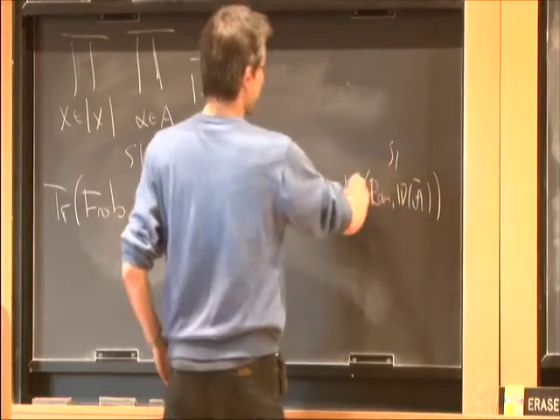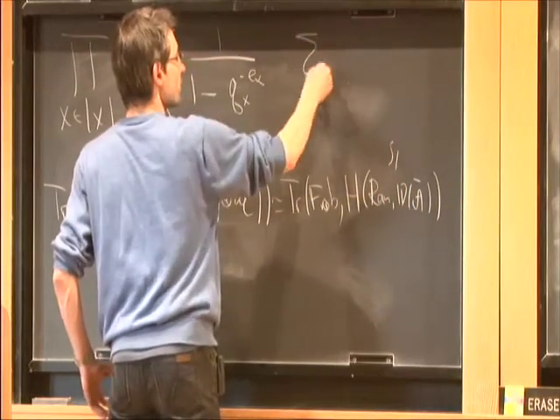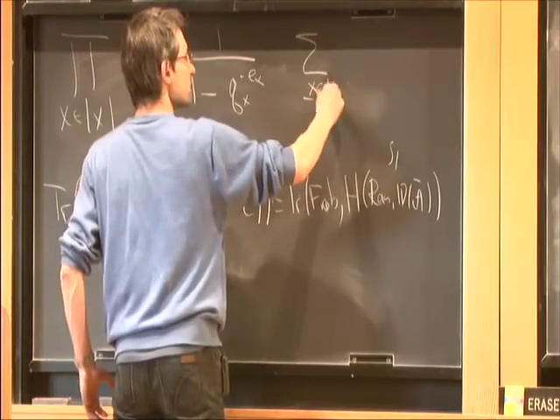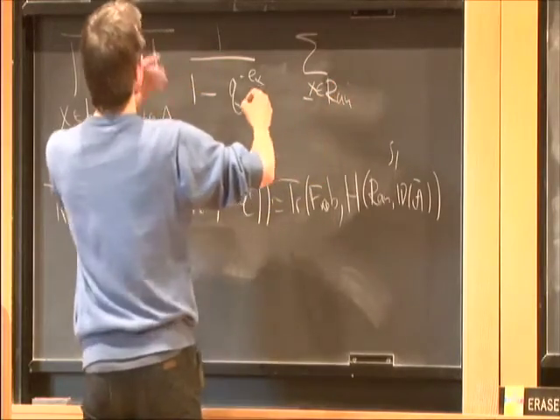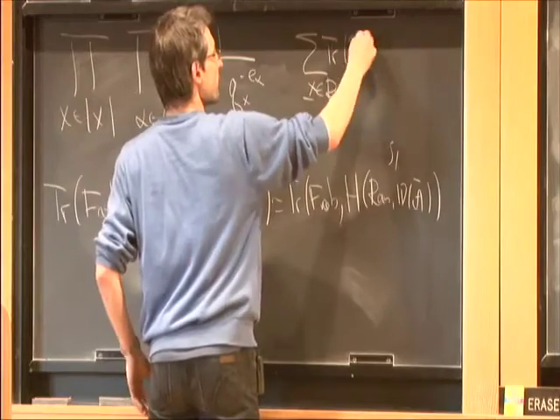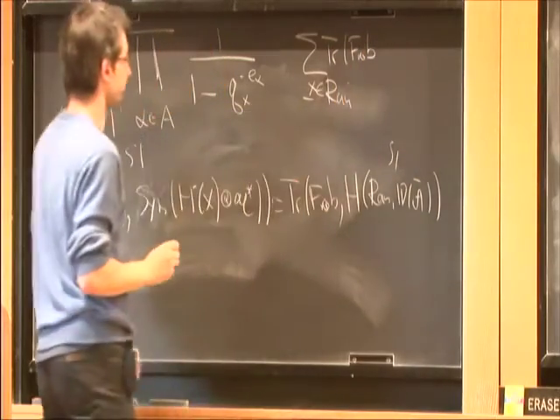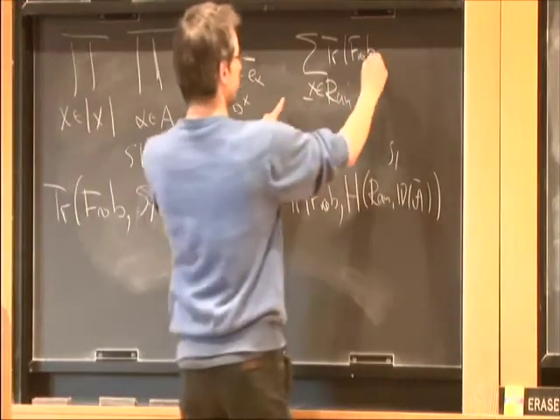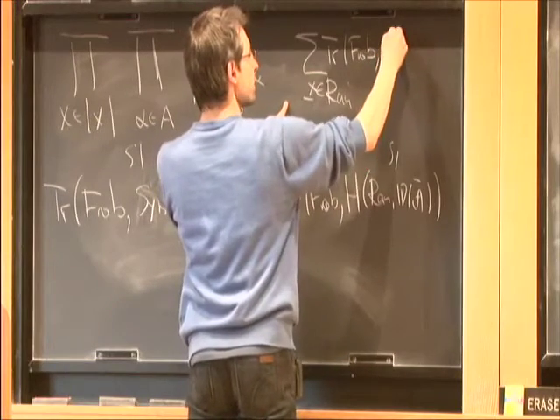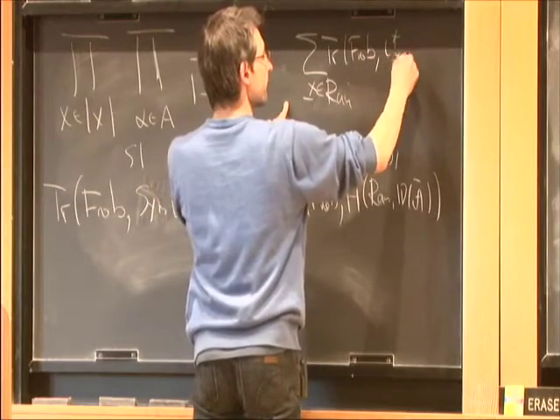And then I just said that this is in itself the sum over points in the Ran space of traces of the Frobenius on the stalk fibers of dA.